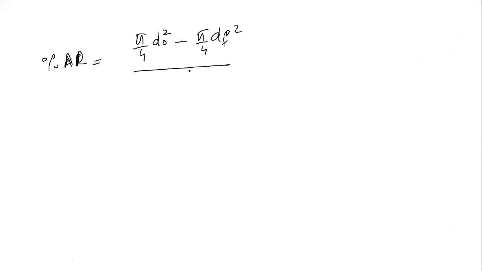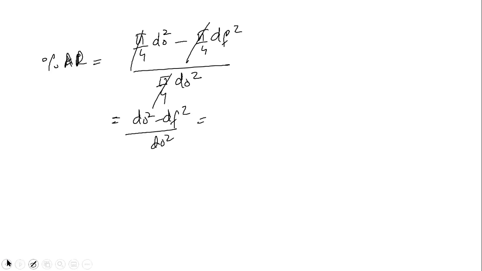Our percentage area reduction formula is pi by 4 d naught square minus pi by 4 df square, divided by pi by 4 d naught square. Pi by 4 is common in both, so it will cancel out: d naught square minus df square over d naught square.